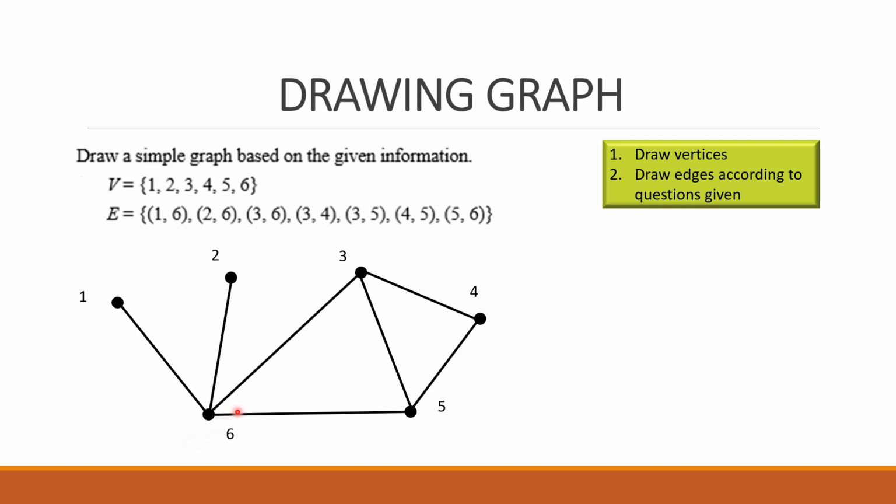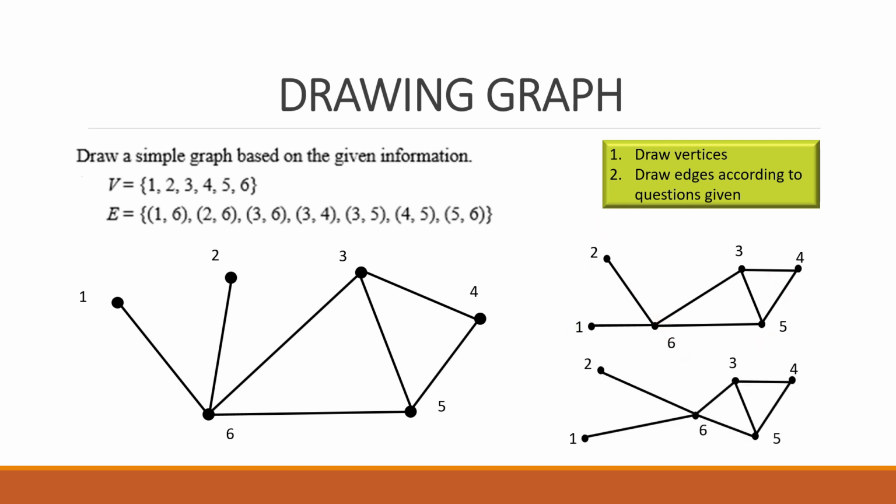The shape of your graph depends on the location of your vertices. For example, maybe some of you will draw it like this. Still the same edges and the same vertices, but different shapes because you locate the points differently. Or maybe something like this. As long as you connect all the vertices with the correct edges.